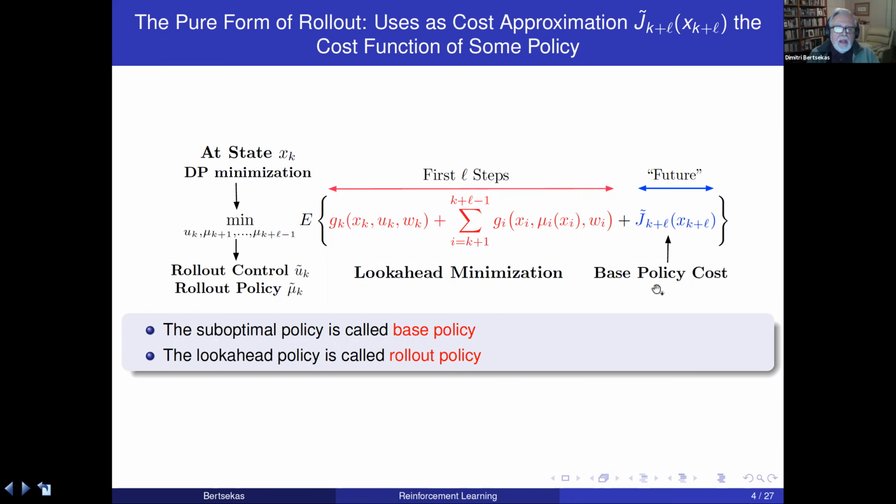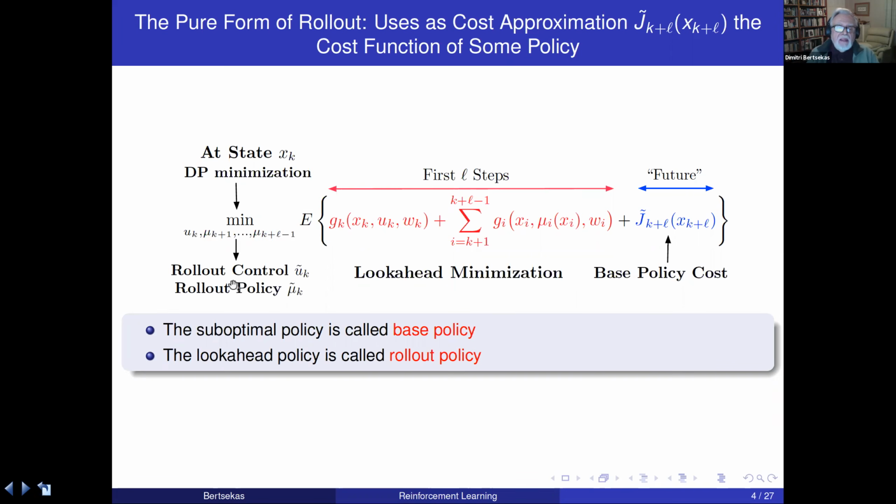And at state xk, this is an online play algorithm. We apply it as the system is running. And as soon as we get to state xk, we do this multi-step minimization, this L-step minimization, which gives us an optimal control for the first stage and optimal cost functions for the remaining L-1 stages.